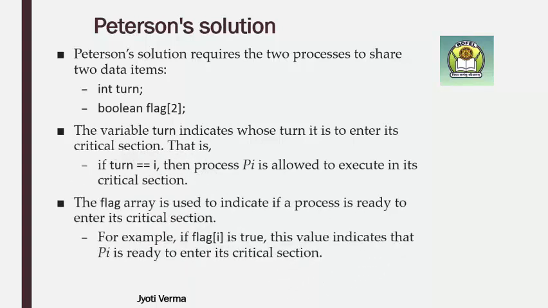The flag array is used to indicate if a process is ready to enter its critical section. For example, flag[i] is true. This value indicates that Pi is ready to enter the critical section. Which process is executing in the critical section is denoted by the turn variable, and which is the next process to enter the critical section is decided by the flag array.